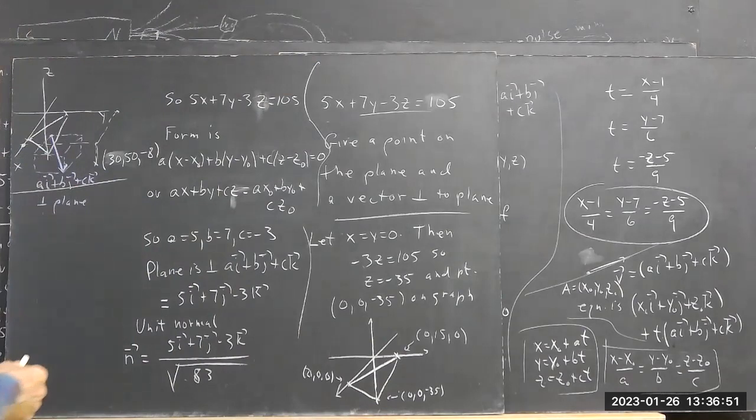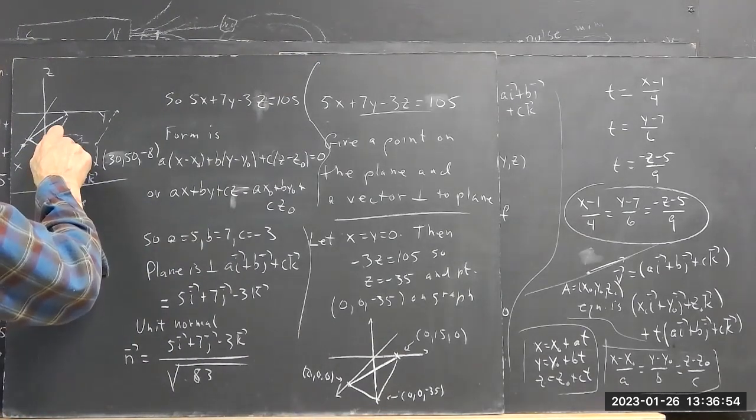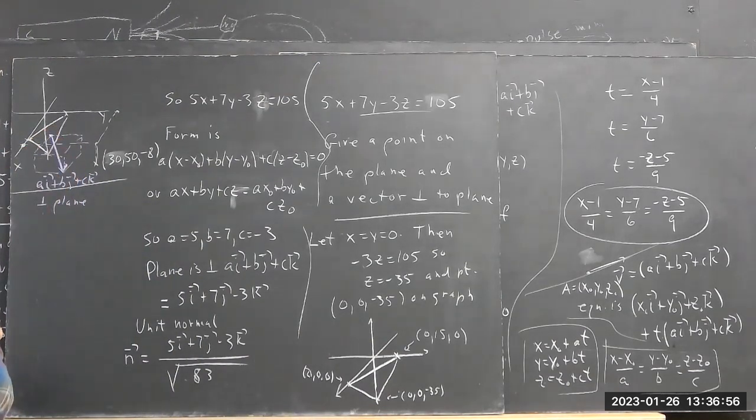All I have to do is go back to a point on the plane. And of course, this could be any point on the plane, right? If I know a point on the plane, I'll go back to it, but I can pick any point on the plane. So I'm just going to pick the one that's closest to draw.